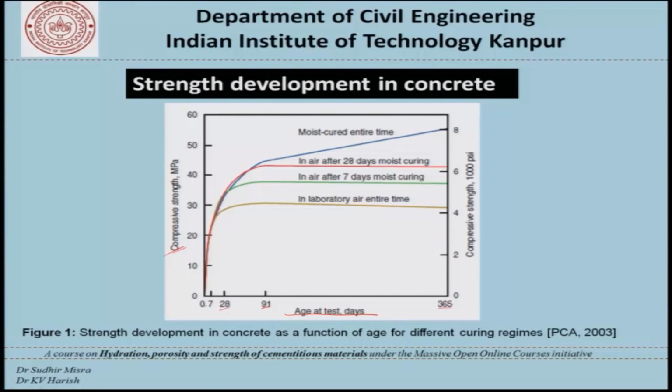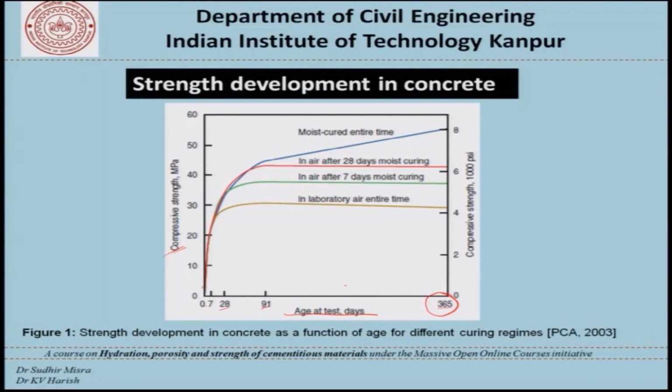It can be seen that the strength gain starts relatively early, but it takes a long time. It could take even 1 year, maybe even more, for the strength to develop fully.